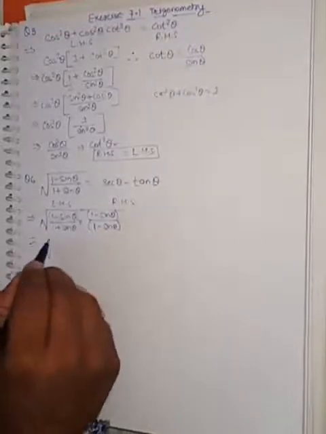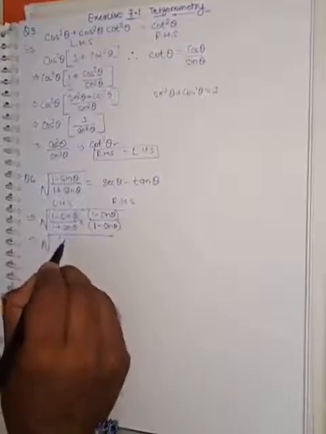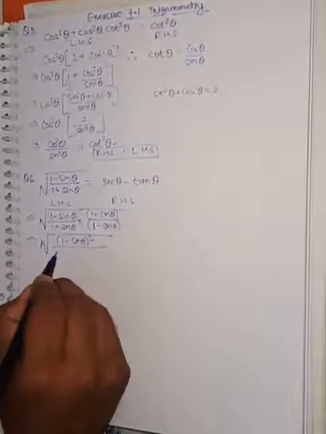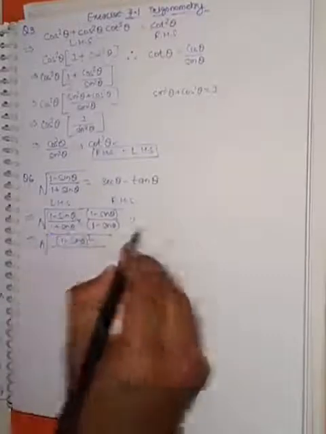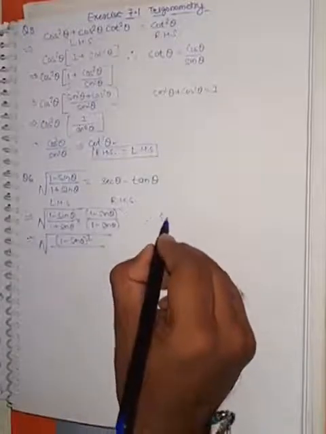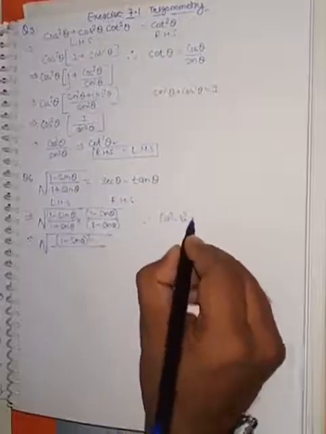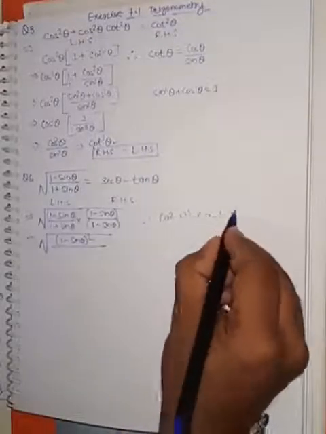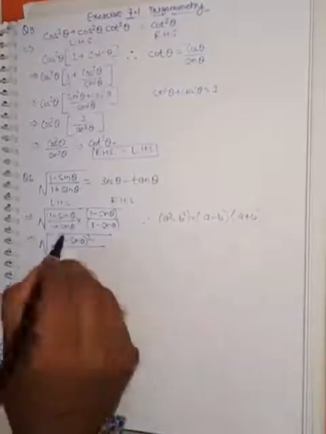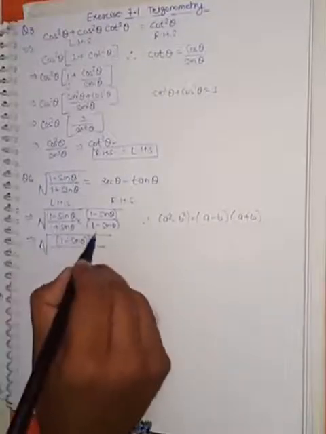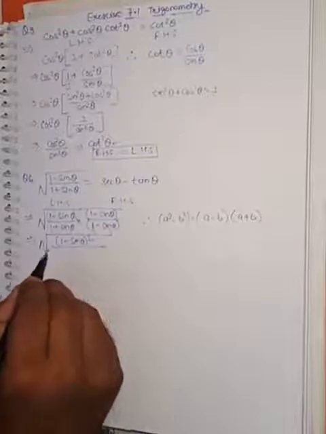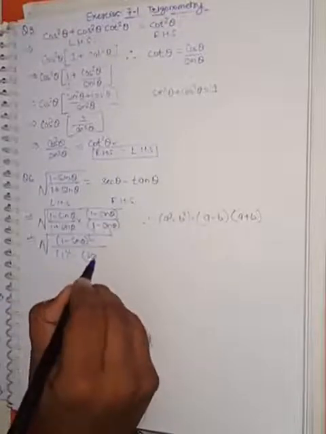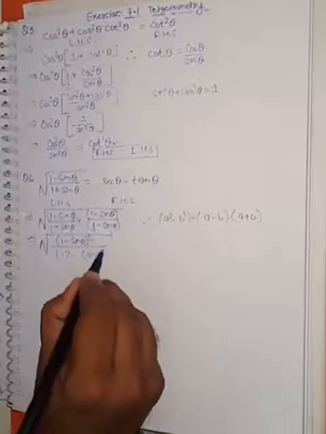So in our numerator we get (1 minus sine theta) whole square, and in the denominator we can apply the formula a square minus b square equals (a minus b) times (a plus b). So we can write 1 square minus sine theta square.